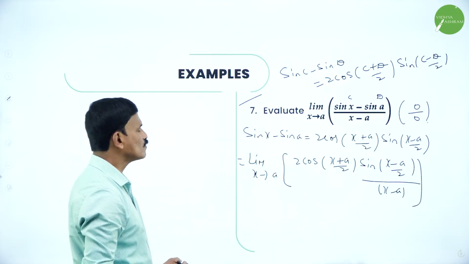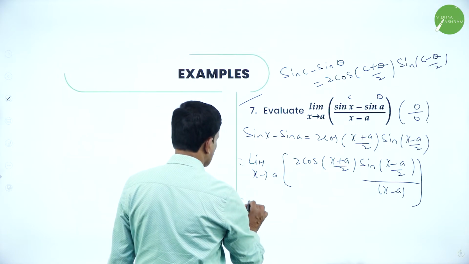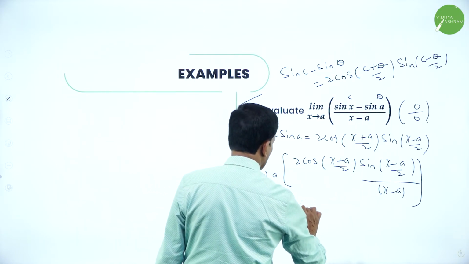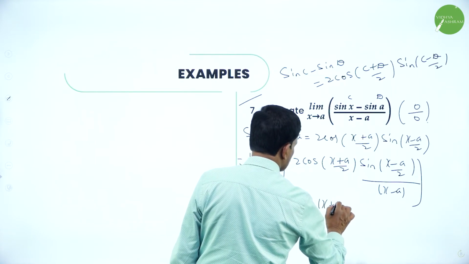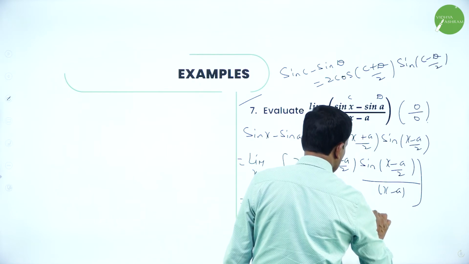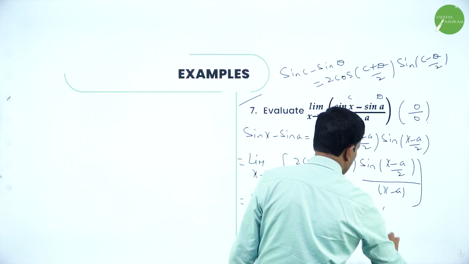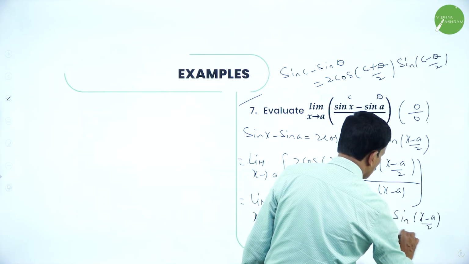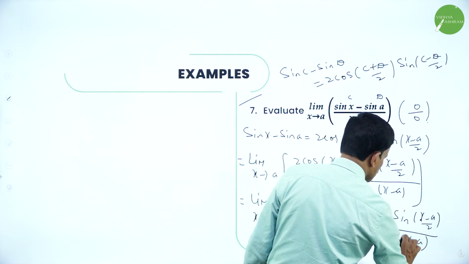Now this can also be written as limit x tends to a of 2 times cos of (x plus a) by 2 into, just apply the limit for this, limit x tends to a of sin of (x minus a) by 2 whole divided by x minus a.